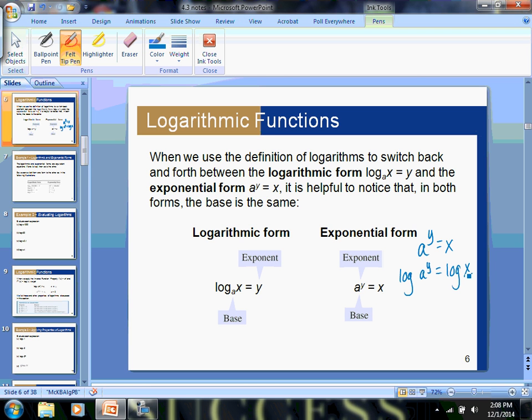Now, ideally, you're going to take a log of the same base as the base on this power. So a is your base, so we would want log base a. What that does is it takes your y, your exponent, and drops it down in front.